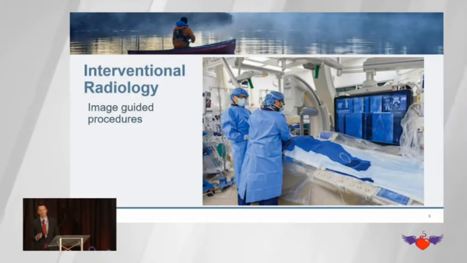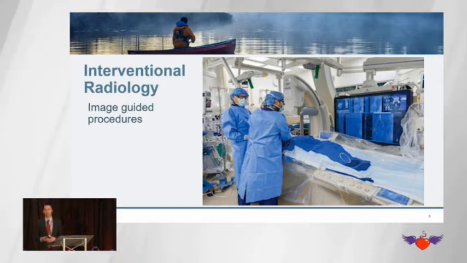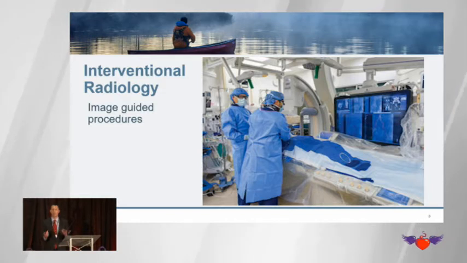So interventional radiology, the name really says it all. Interventional basically means that I do procedures, and the radiology part means that I use imaging to do these procedures, whether it's a CT scanner, ultrasound, or live X-ray, also known as fluoroscopy. Because I get to use the imaging, I can do things in a minimally invasive way.